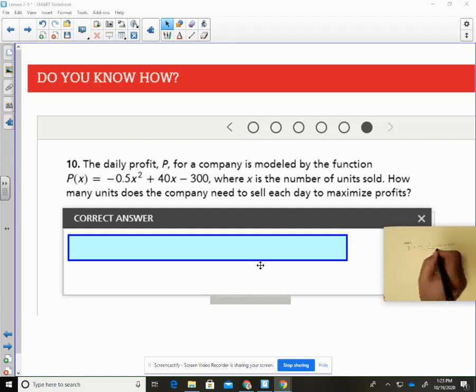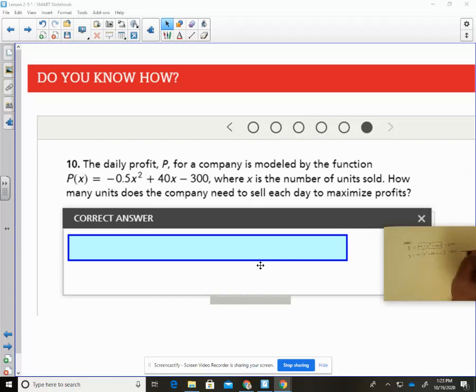So I'm going to go ahead and separate this part, and I'm going to factor out negative 0.5, or negative 1/2, right? And so that gives me x squared. Now, what's 40 divided by negative 1/2? It would be negative 80x plus something minus 300.